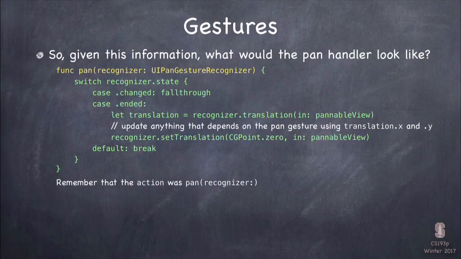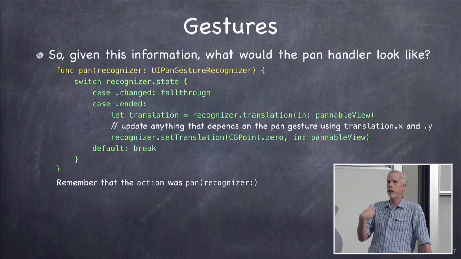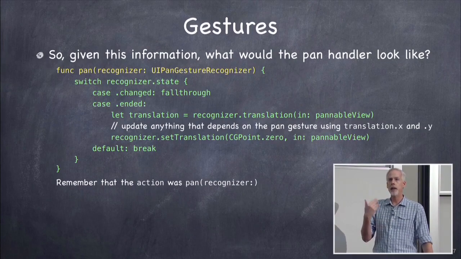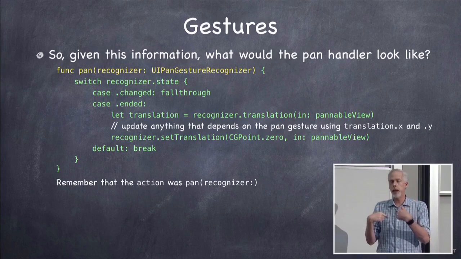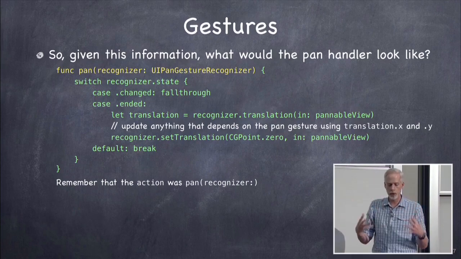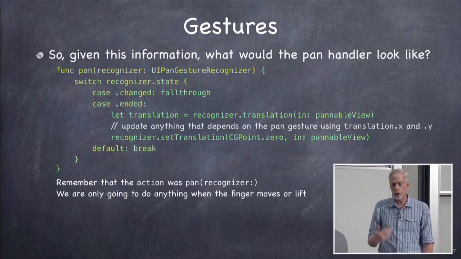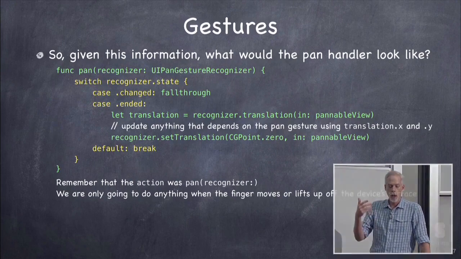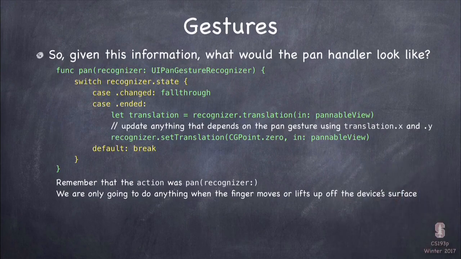So let's take a look then, knowing what we know about pan gestures, what the handler would look like. So remember that the handler is called pan. Recognizer is the argument there, and that is the pan gesture recognizer itself coming back to us, and its state will be different, and we can ask it about translation and view and all those things. So the first thing we're going to do is look at that state, and I'm going to do the same thing whether the pan has changed or whether the finger went up.